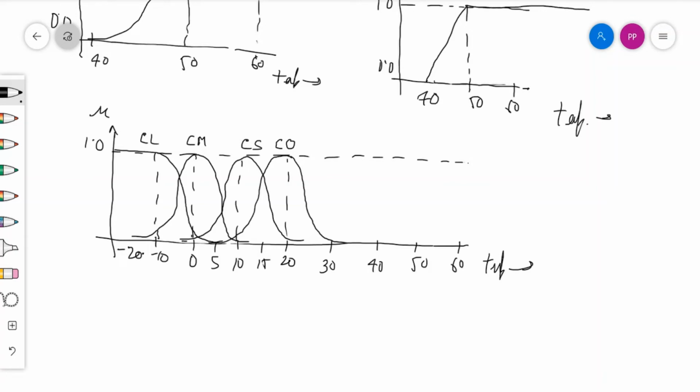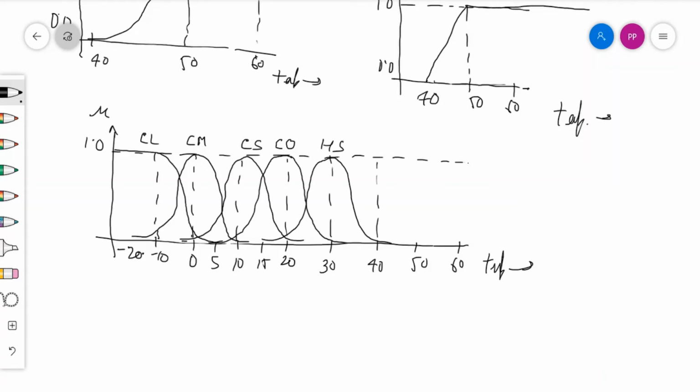Further, if we go, you will see that from 20 to 40 degrees Celsius there is again a curve like this. So we go like this, 20, then peak at 30, then this will go to 40. So this is your small hot range.